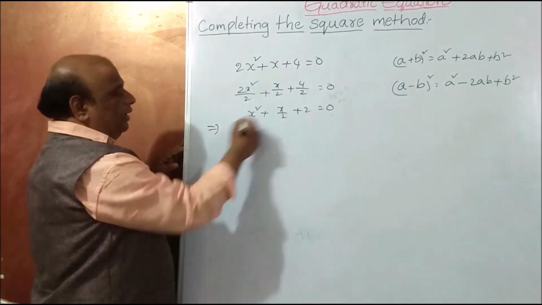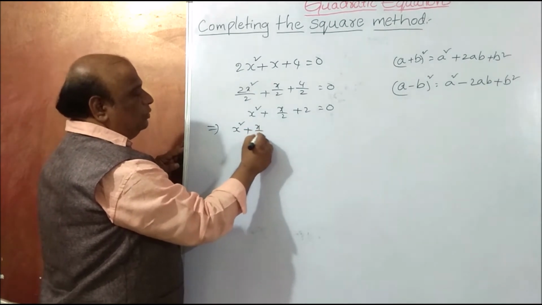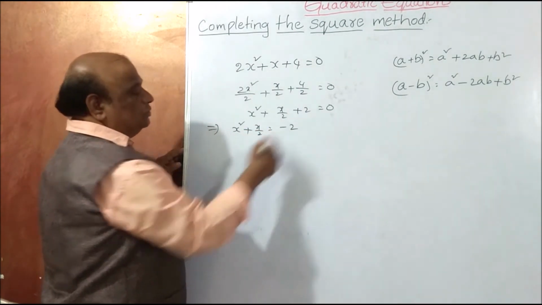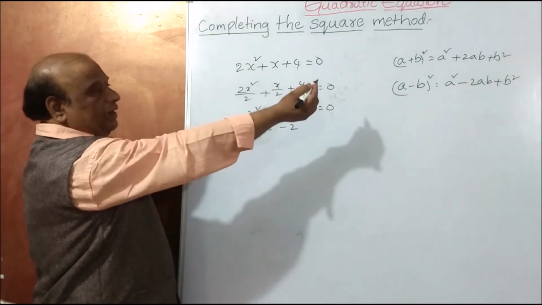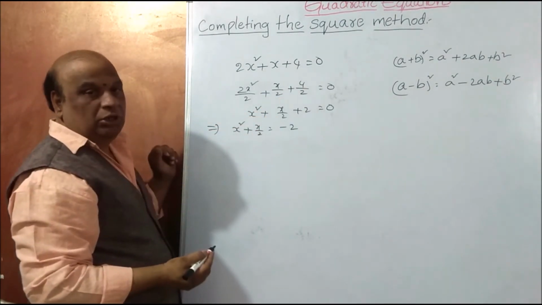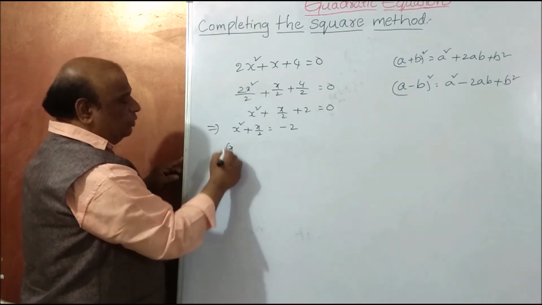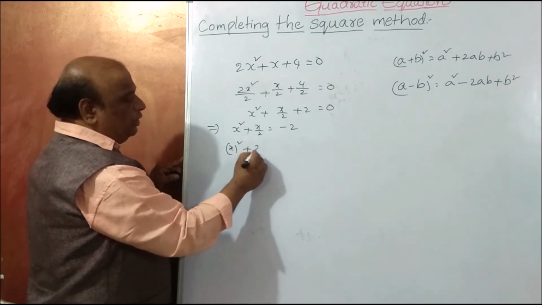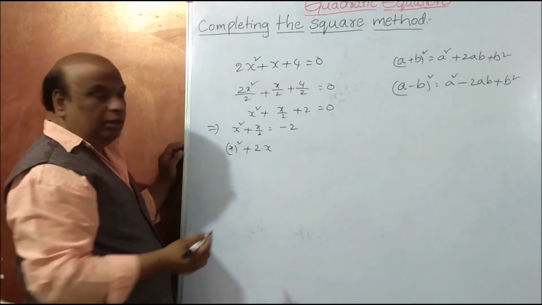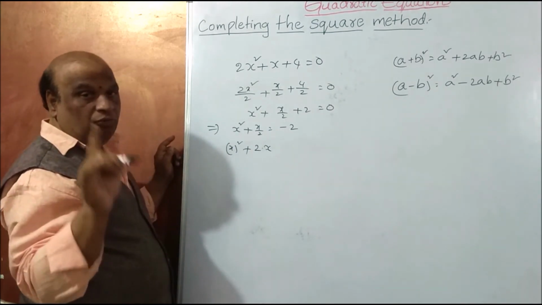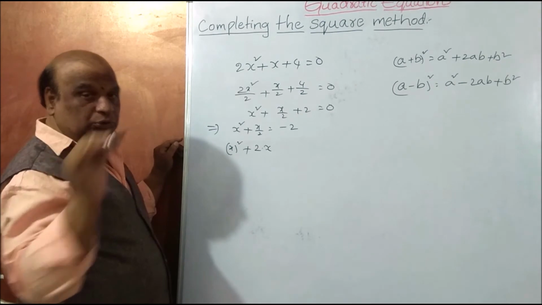Here x square plus x by 2 is equal to minus 2. Here plus, that's why it is in the form of a square plus 2ab plus b square. Here a square means x whole square plus 2 into a, that is x. Again what about b? This is 1 by 2. So multiply the denominator with 2 again.